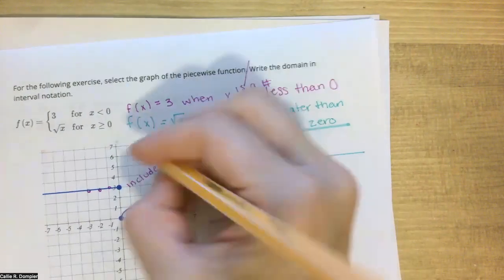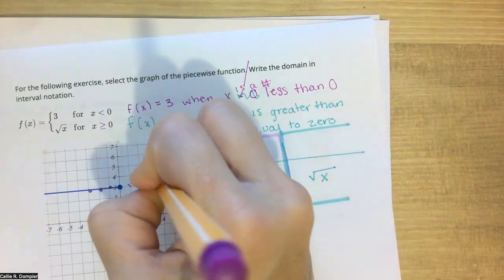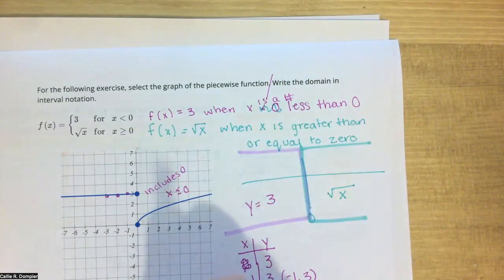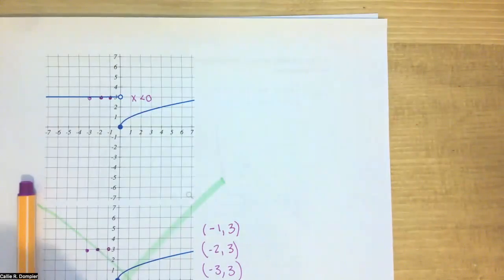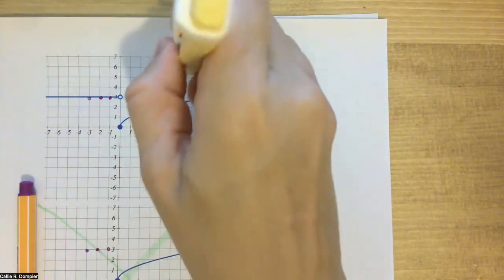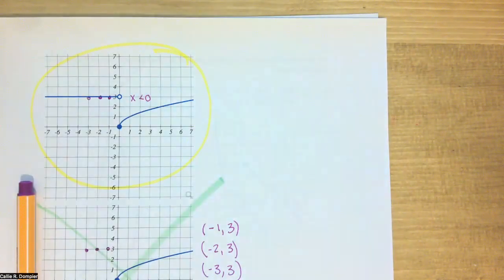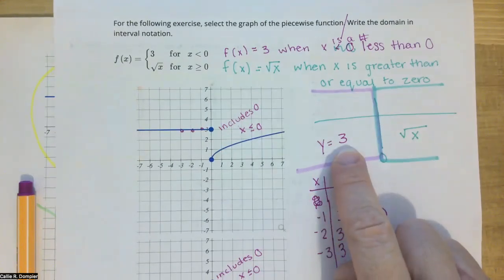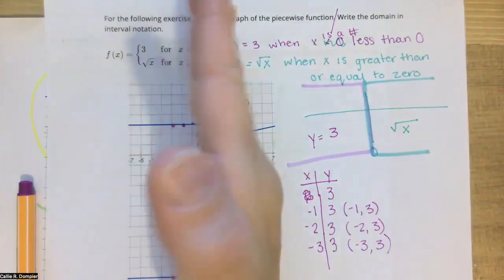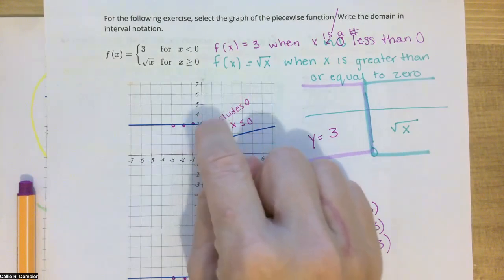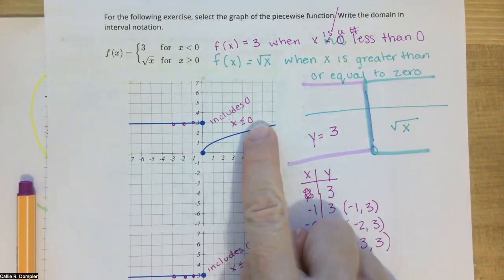Includes 0 would be x is less than or equal to 0. That's not true, right? This is x is less than 0. It does not include 0. So this is our correct answer. It's the only one that can be true based on y equals 3. Y equals 3 up to 0, but it stops right at 0, which means we need a hole at 0. We can't include 0.